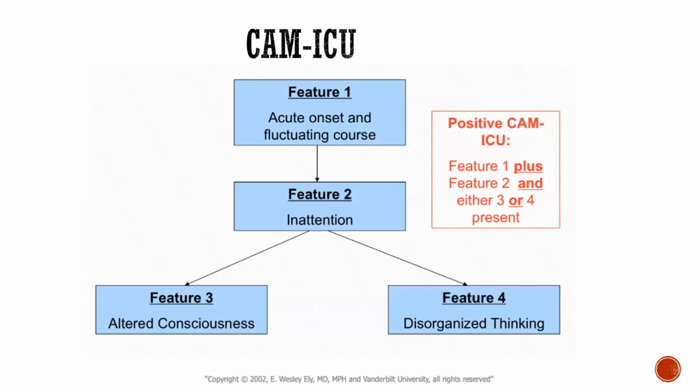And so when we talk about CAM-ICU, generally what it requires is specific features. Feature one is acute onset and a fluctuating course. Feature two has to do with inattention, and then they need either a third feature or a fourth feature. So feature one and two plus some type of altered level of consciousness or disorganized thinking.